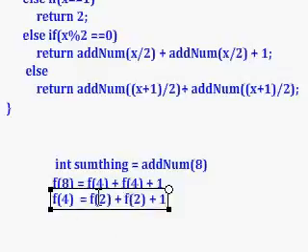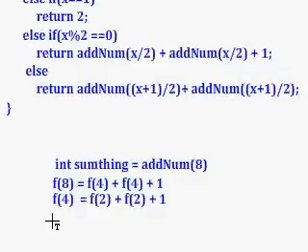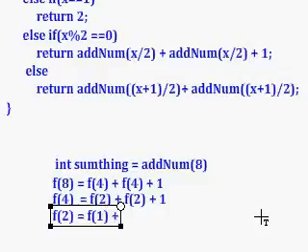And then we have to say, well, what's f of 2? Again, I'm glad you asked. F of 2 is equal to f of 1, because 2 over 2 is 1, plus f of 1 plus 1.